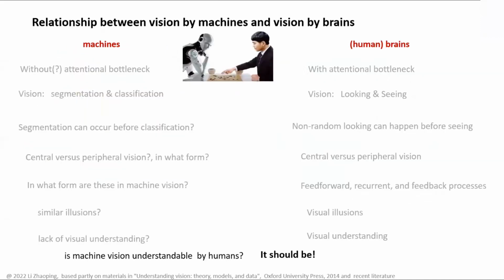And so, is machine vision understandable by humans? I like to feel that it should be, even if it's not yet. Because in the end, I suppose there should be, and I hope there is, one intelligence that is common. It's just principle.